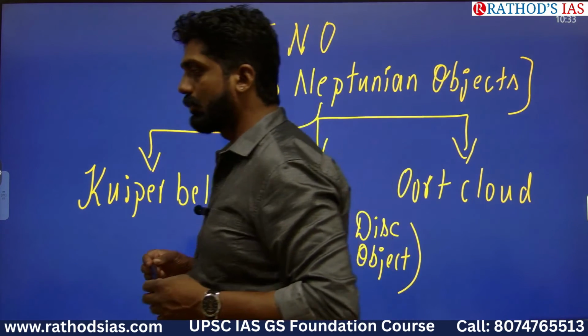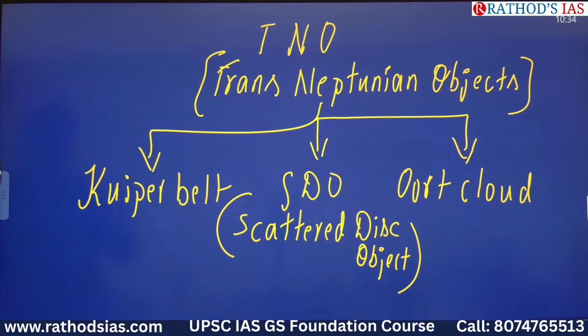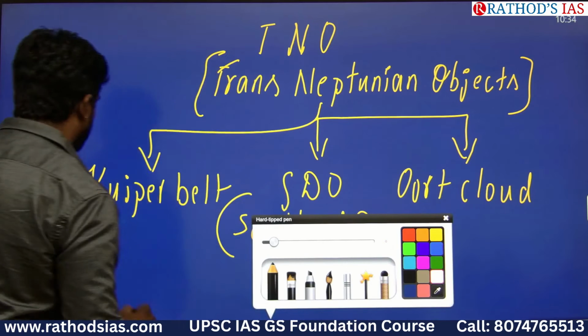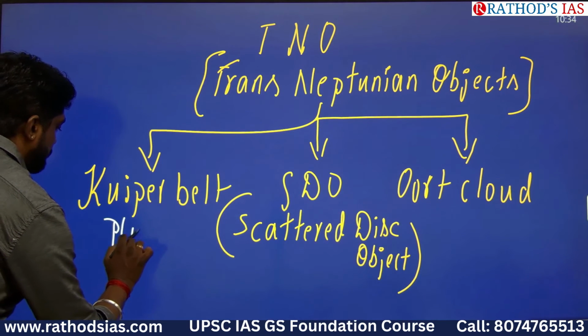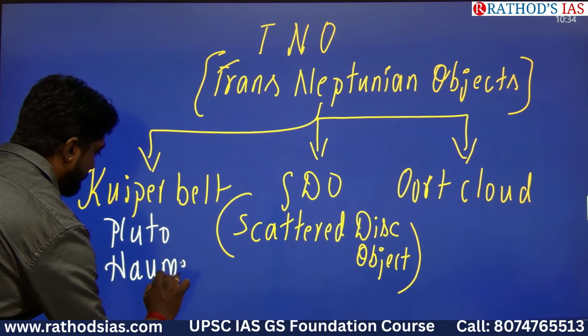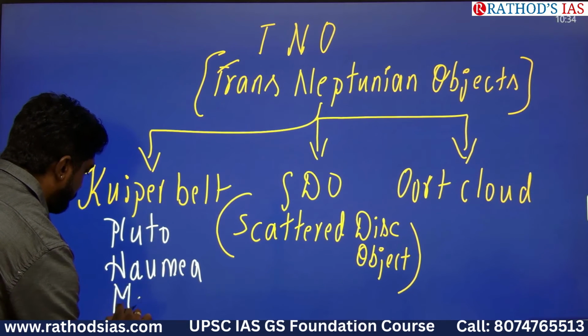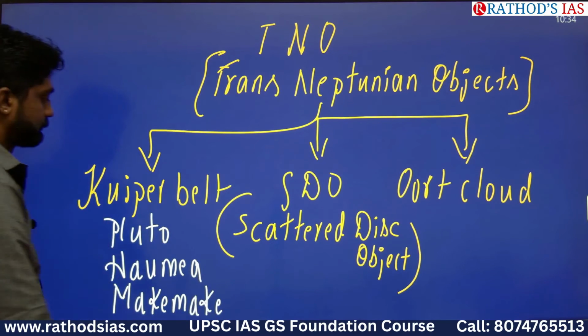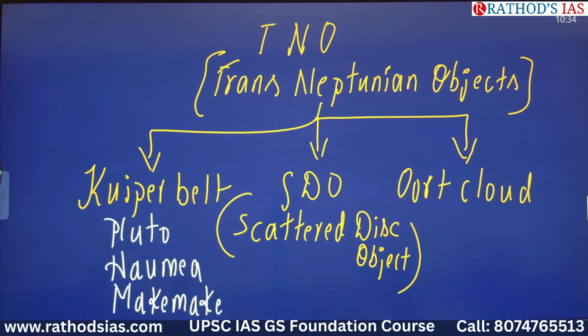So trans-Neptunian objects are in 3 regions: Kuiper belt, SDO and Oort cloud. In the Kuiper belt, we have Pluto, Haumea, and Makemake, which are dwarf planets.